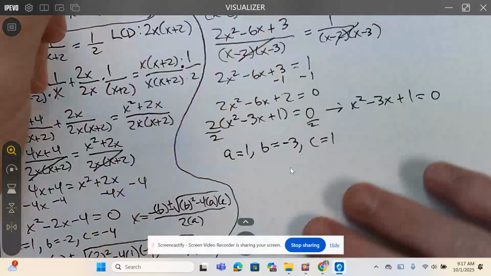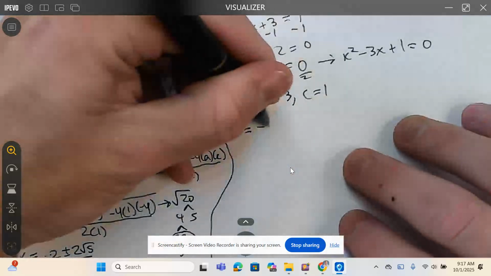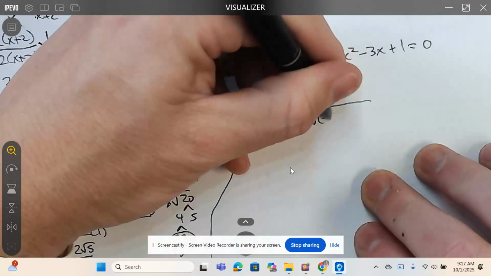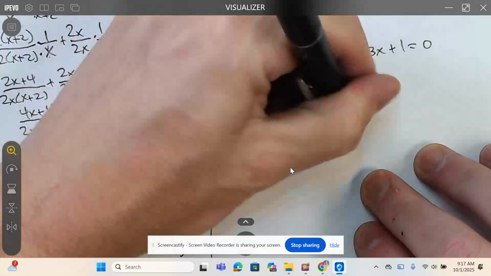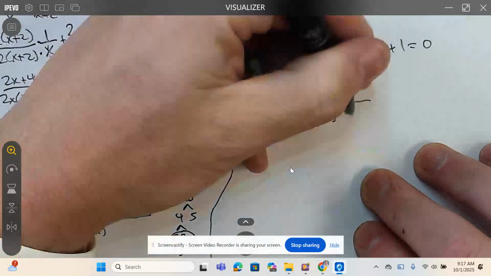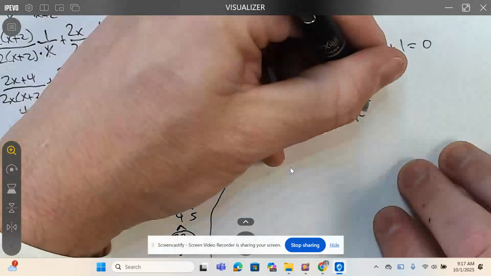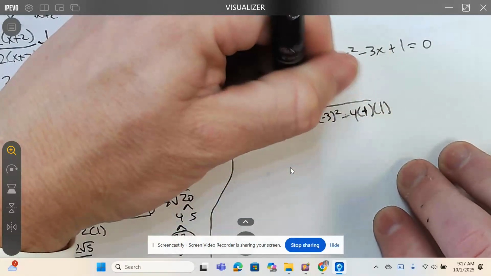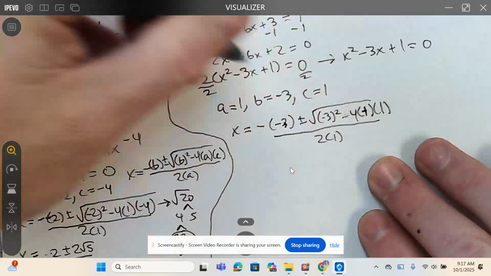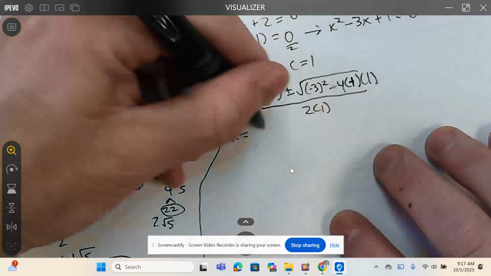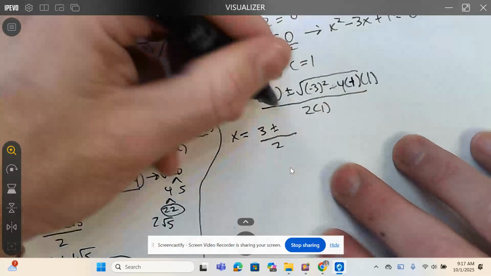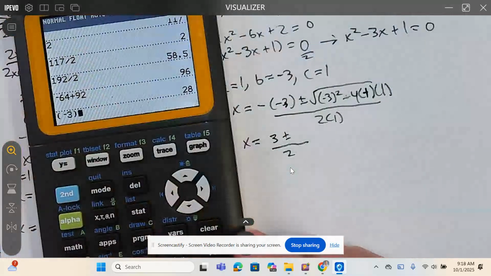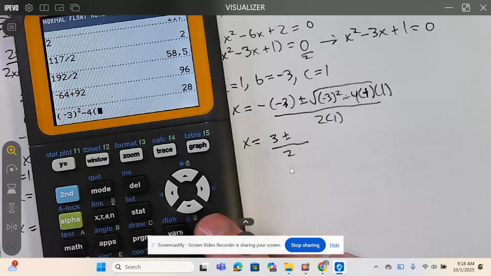x equals negative b plus or minus the square root of b squared minus 4ac, 4 times negative 3, or 4 times 1 times 1, all over 2a. 3 plus or minus 2, negative 3 squared, minus 4 times 1.